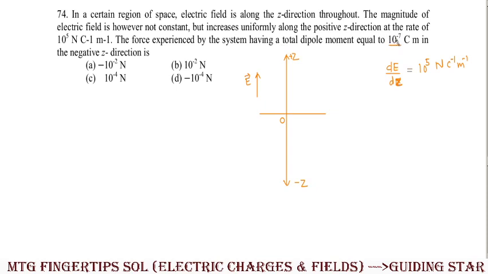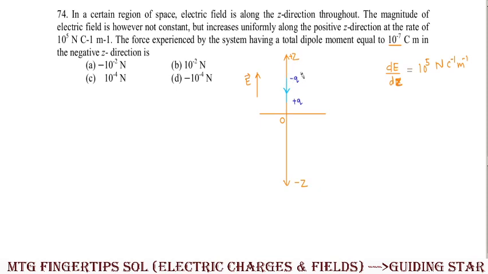There is a dipole whose dipole moment is in the negative z direction. The direction of the dipole is downward. That means the negative charge will be present over here and the positive charge over here. Then what will be the force experienced by the system having the total dipole moment in the negative direction? That means how much force will be experienced by this dipole.